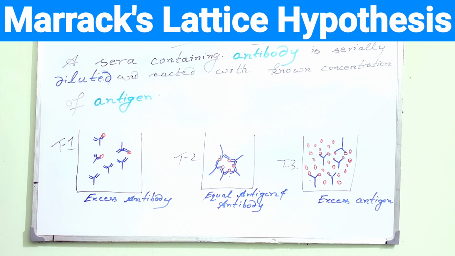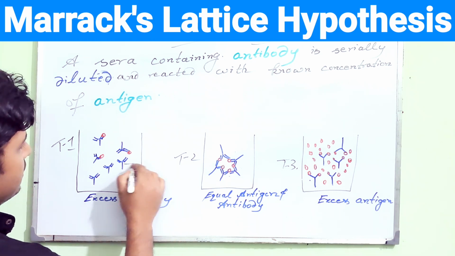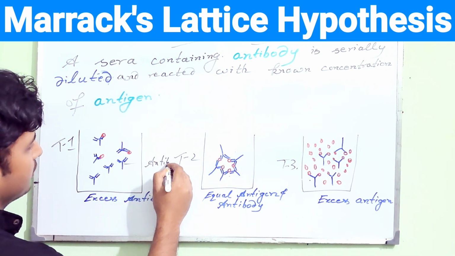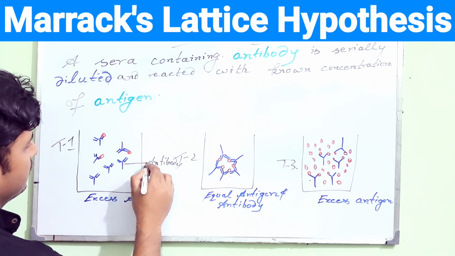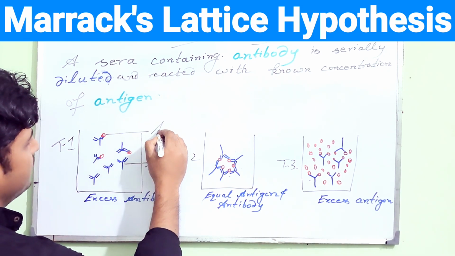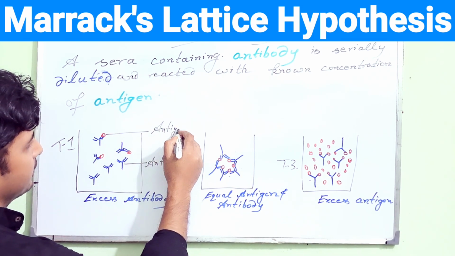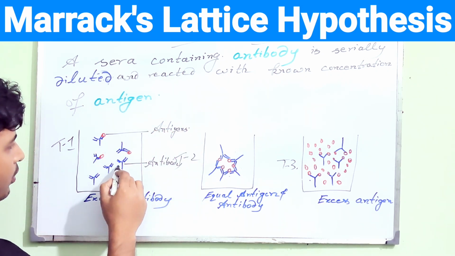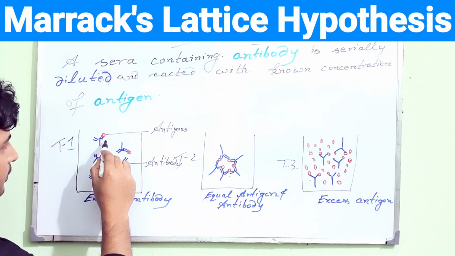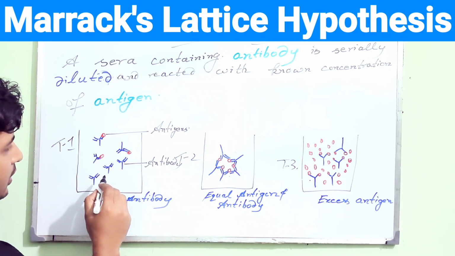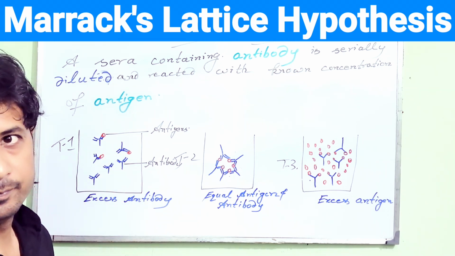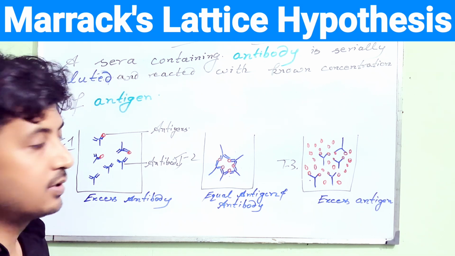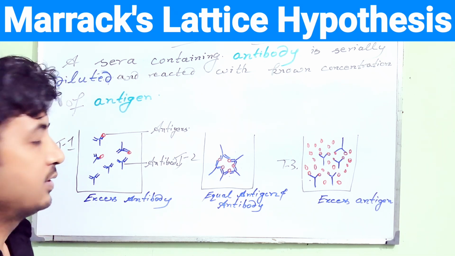The lattice hypothesis says that if you give excess antibody compared to the antigen, so this is antibody and these red ones are the antigens. So if you give more antibody compared to the antigen, there will be no observable reaction, that I told you in the quantitative test. Please observe the video.